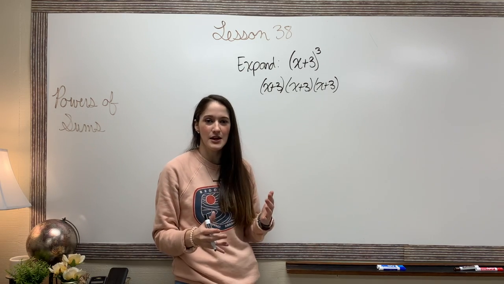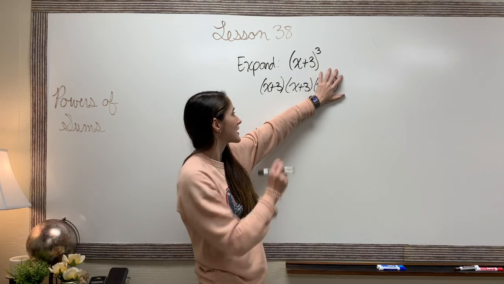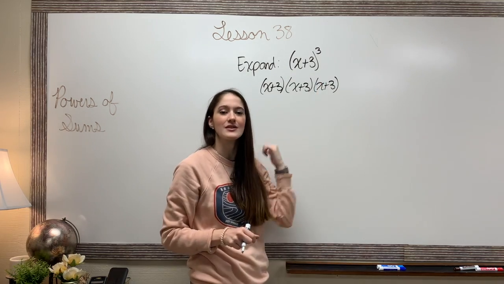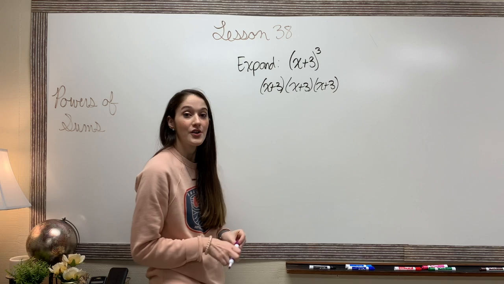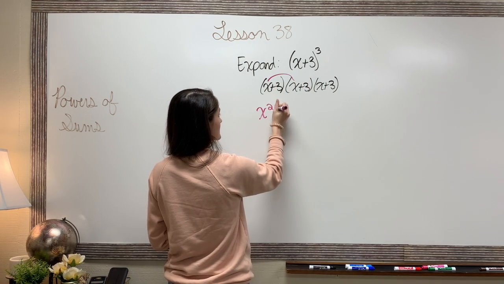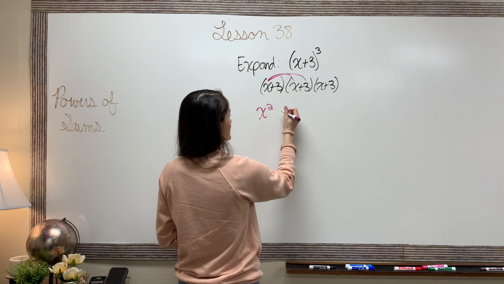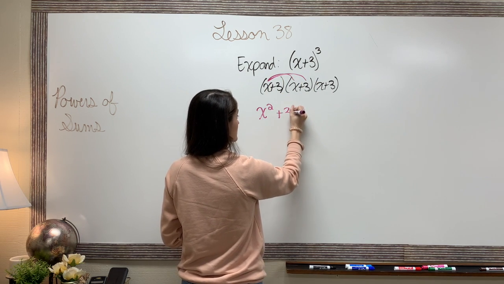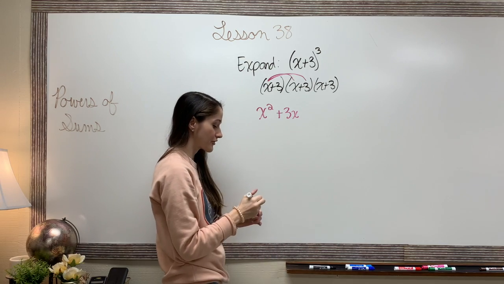So let's go ahead and act like this third one isn't here, and we're just going to work on these two. Let's see what that looks like. Okay, so in our first step, we are going to multiply x times x, which will be x squared, and then we're going to do x times 3, which will be plus 3x. So there's the first half.